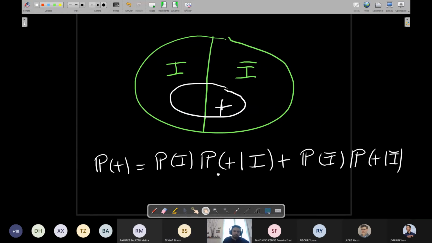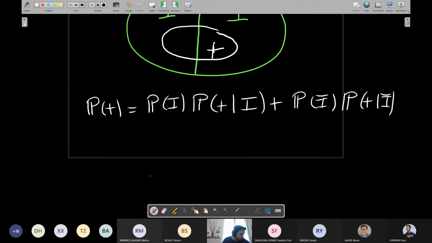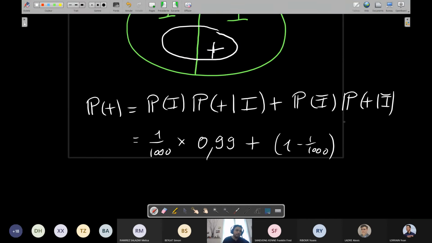Now, the probability of being ill was 1/1000 times the probability of having a positive test given the illness, 0.99, plus the probability of being not ill, which is 1 minus 1/1000, times the probability of having a positive test if we don't have the disease, 0.02.